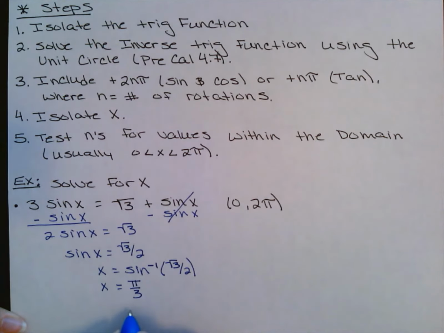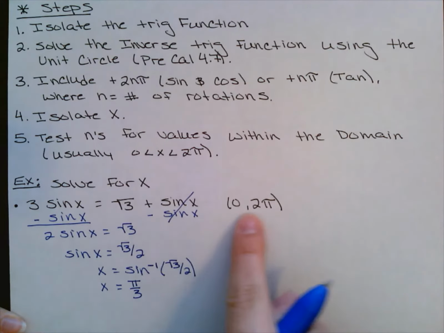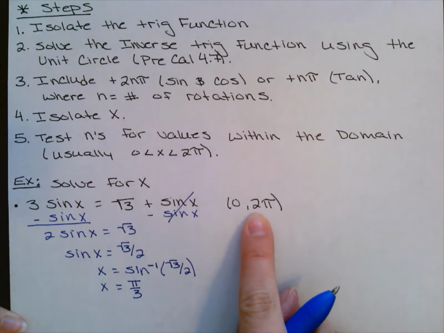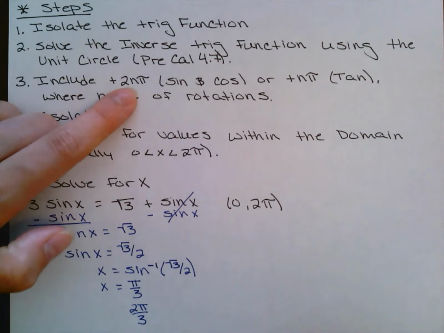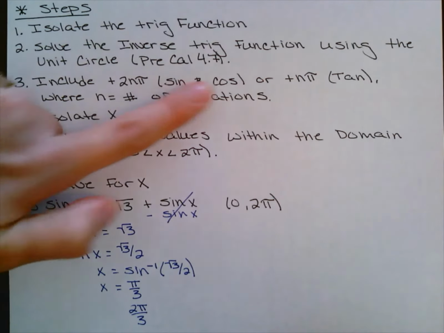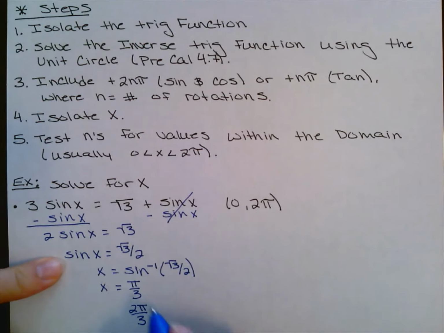And also, if you keep looking at the entire unit circle, which I'm allowed to do here because they want me to check the entire range from 0 to 2 pi, also at 2 pi over 3. Okay? So I am done with step 2. Step 3 says to include a plus 2n pi for sine and cosine. This was a sine question, so I'm going to add plus 2n pi.